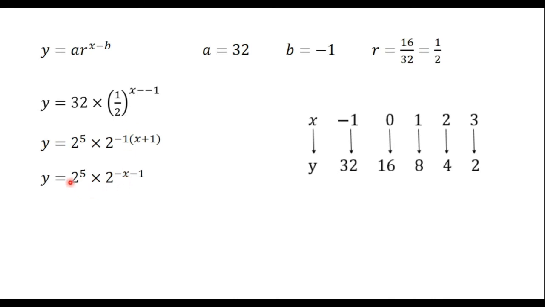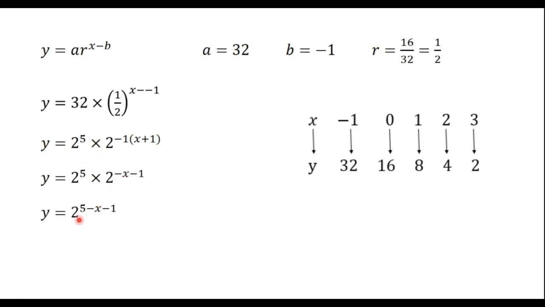Now this is going to give us y is equal to 2 exponent 5 times 2 exponent minus 1 times x, which gives minus x, minus 1 times 1 gives minus 1. Now from indices, we know that when you have two numbers multiplying and they have the same base, you can add the exponents.